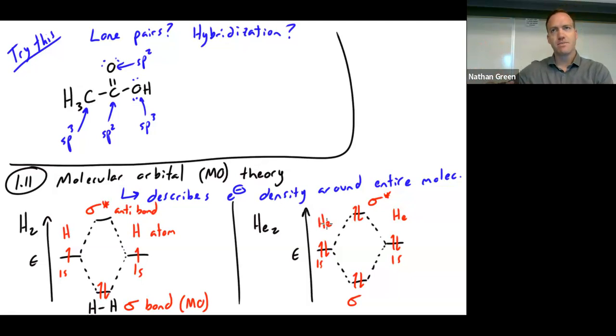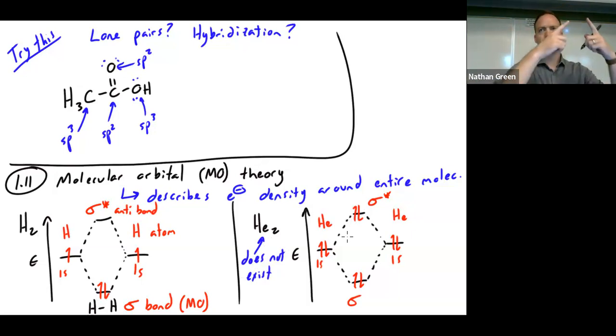If I open my helium tank, my voice would go up, right, and I'd float away, and helium atoms would come out, not He2. This does not exist. Because molecular orbital theory tells us helium making a bond is as helpful as it is hurtful, so they'd rather just be atoms.